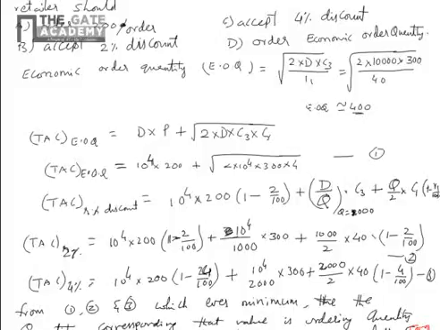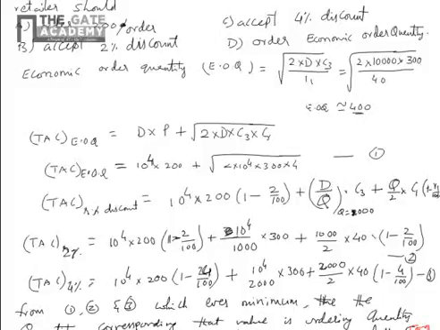So if he gives price breaks, for each price break, suppose he will mention that if you purchase 500 quantity per order, then you have to pay 10 rupees per item. If you purchase 1000 per order, then you have to pay 9 rupees per item. Purchase 2000 per order, then you have to pay 8 rupees per item.